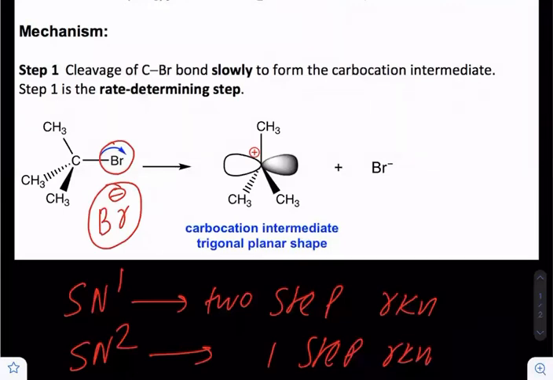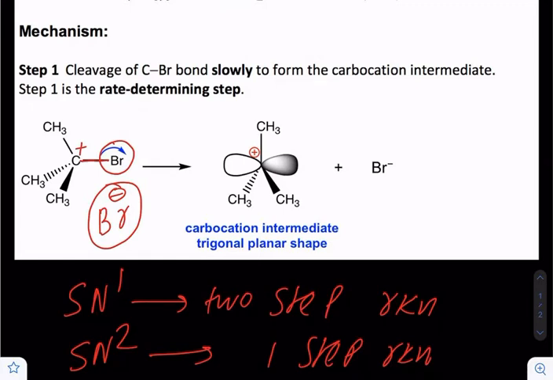So basically here, without any help of a nucleophile, this bond dissociates. One is a carbocation and another is an anion. So this bond dissociates without any help of a nucleophile.